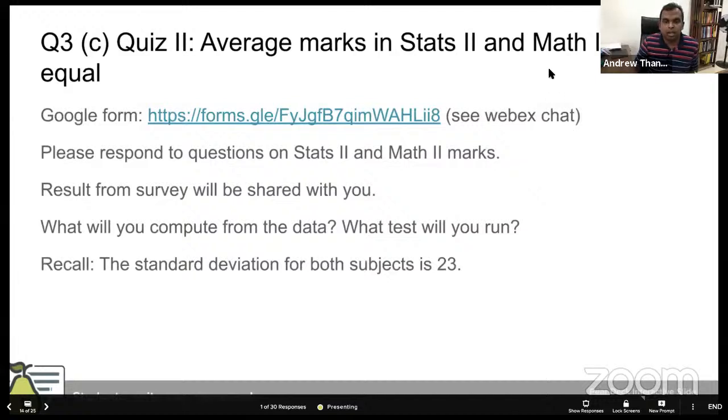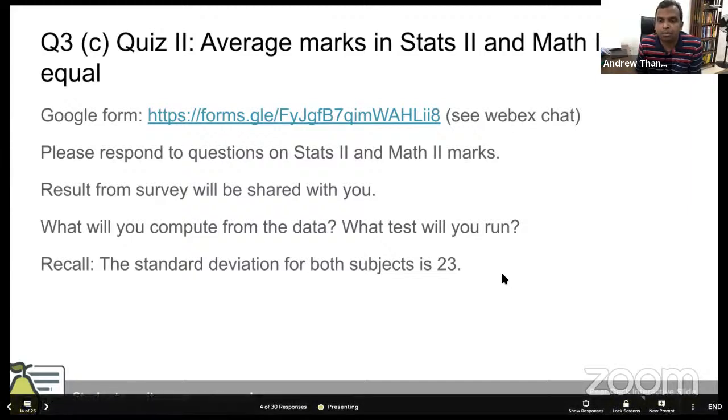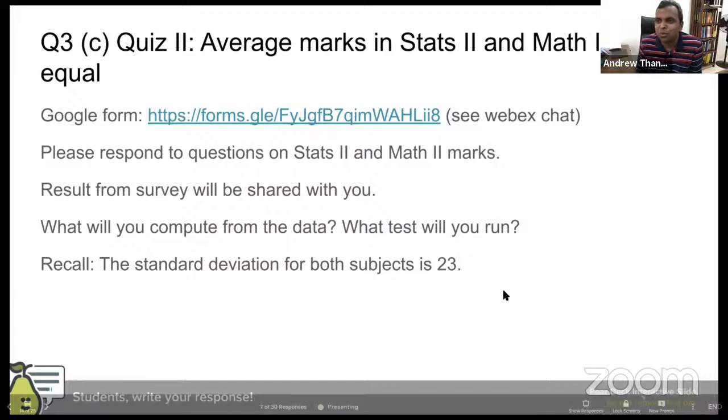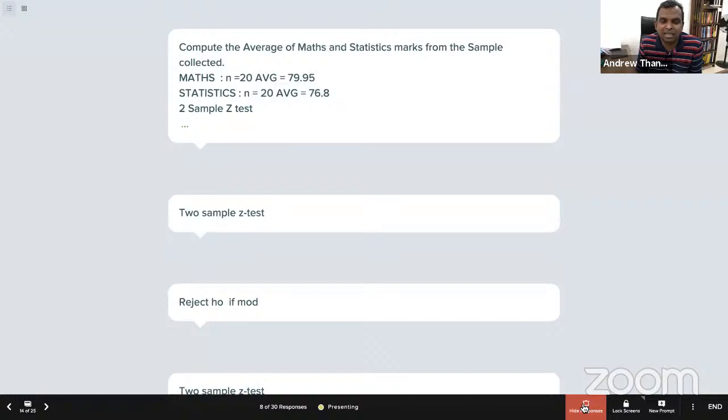What will you compute from the data? What test will you run? We just computed, it's done. What test will you run? That's the question. Standard deviation is given to you and you have to test the null and alternative that we had. I think the answer I also gave you, two sample Z test.